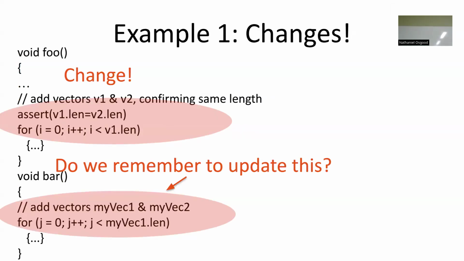So if we want to modify, maybe we want to put in an assertion that the two vectors we're adding are the same length. So we don't do something silly, right? Like add a vector with 4 elements to a vector with 3 elements, right? You want to assert that they're the same size. That's a precondition that we have in mind.